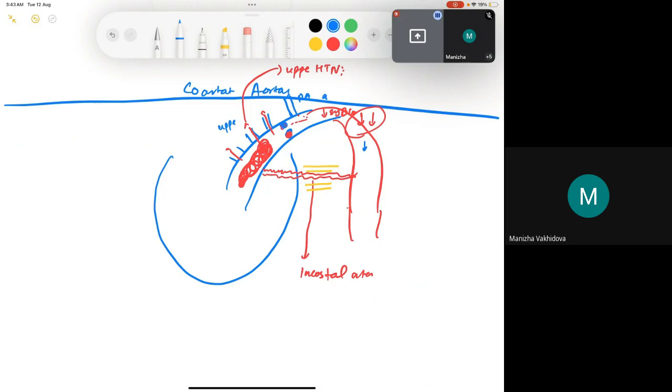Because we have coarctation before the ligamentum arteriosum arises. But we have another pathway through which blood can enter the descending aorta, and that is the intercostal arteries running in parallel with your ribs. It means that the collateral circulation will have a lot of blood, because the blood tries to reach the descending aorta through these collaterals. Does that make sense?